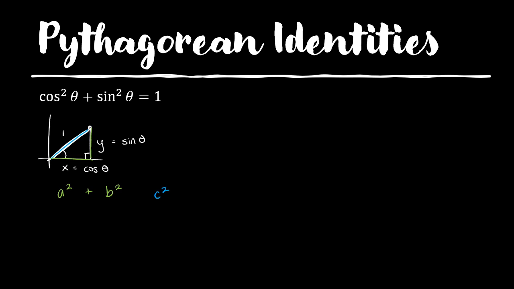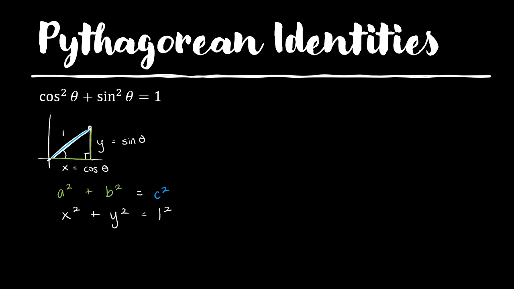So we'll call that c squared, as we usually do. So let's substitute our known information here. So first of all, maybe we could say that a is x. So we could say x squared, that's just one of the legs, meaning y would have to therefore be b. So we'll have x squared plus y squared is equal to 1 squared. 1 is our hypotenuse, 1 squared is just 1.